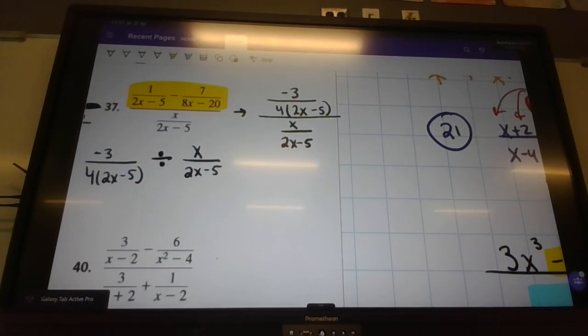Well, first I'm going to multiply by the reciprocal, so I'm going to rewrite it out again. Keep, change, flip. So that's negative 3 over 4 times 2x minus 5. Change the sign to multiplication and flip it.